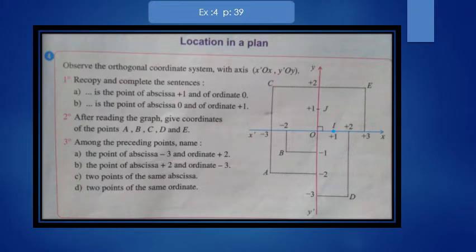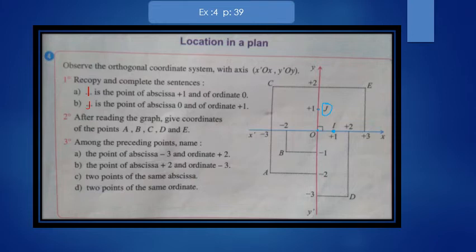Okay, so I'm talking about point I. Which of them is the point of abscissa 0 and ordinate +1? Abscissa 0 here. Ordinate +1, so I have to go up on the y-axis to reach +1. So I'm talking about point J.